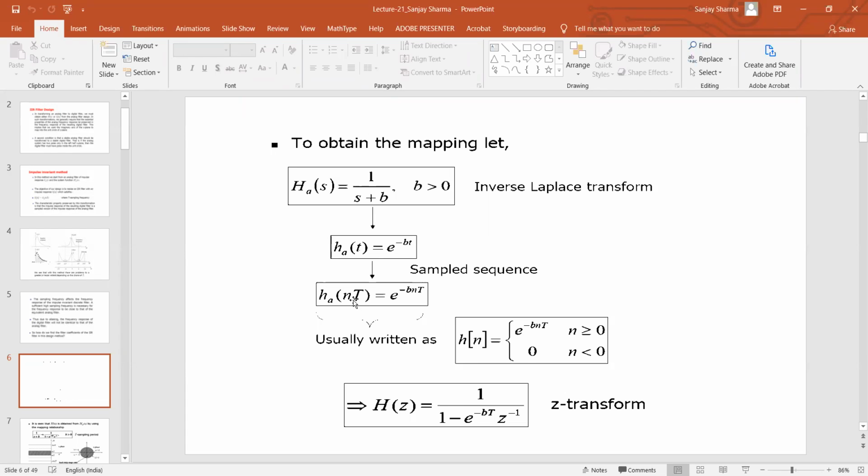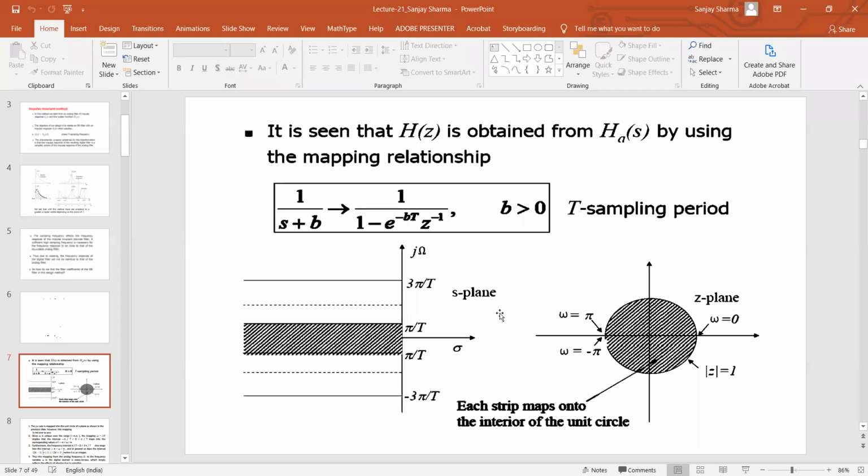Then we sample it, by replacing small t with n capital T, and then we take the Z transform and we get the transfer function of the digital filter, and e to the power minus b capital T is the coefficient of the filter. All right, so that's the procedure that we will be using.